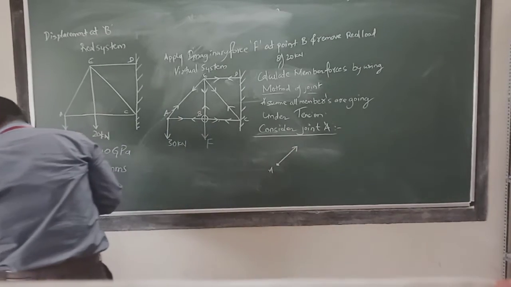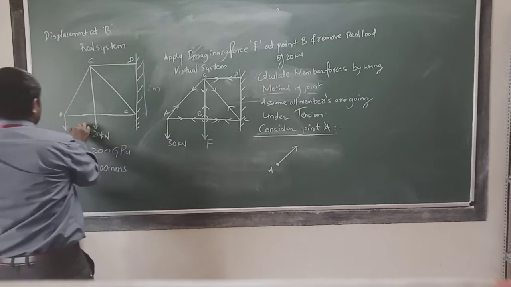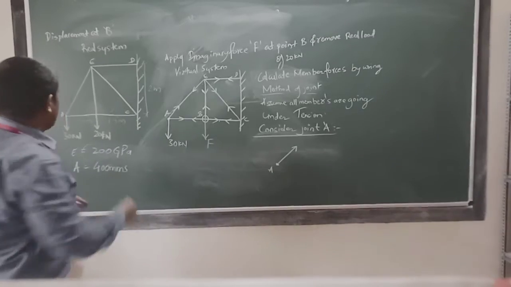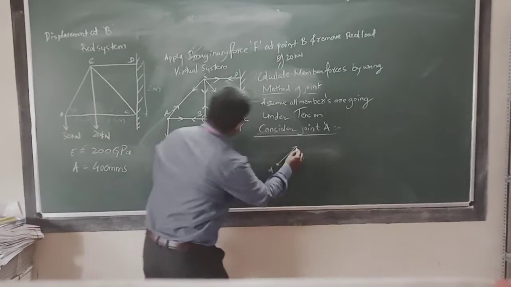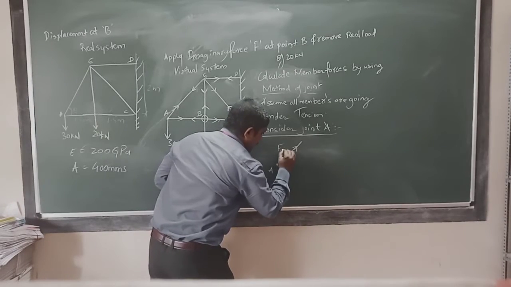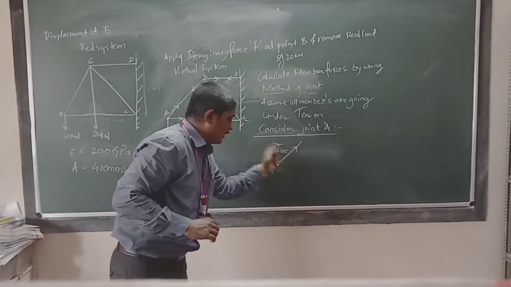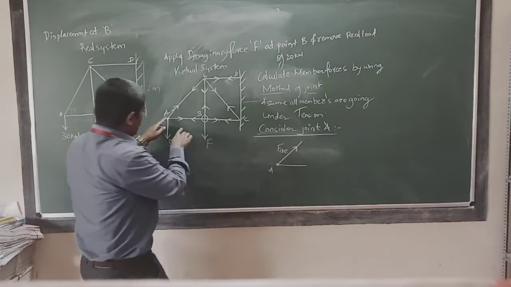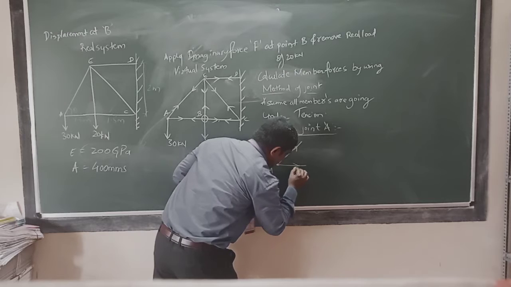The dimensions given are 2 meter and 1.5 meter, and this is also 1.5 meter, so that we can calculate this theta easily. I can give this as force F_AE, where small letters represent the member and F represents the force. Joint A also has member AB connected, so we have F_AB.